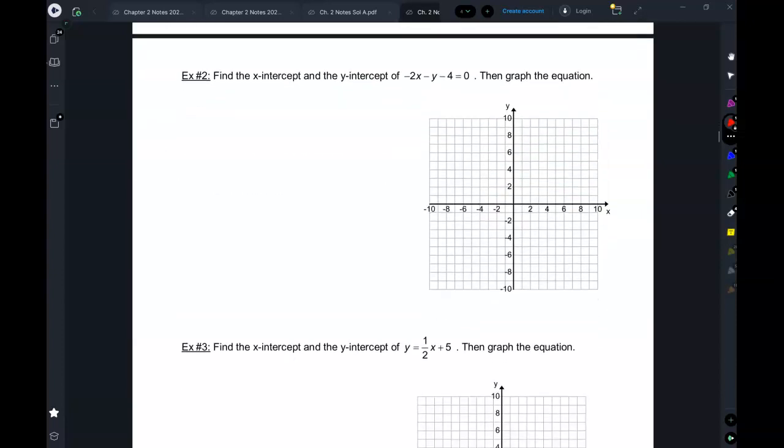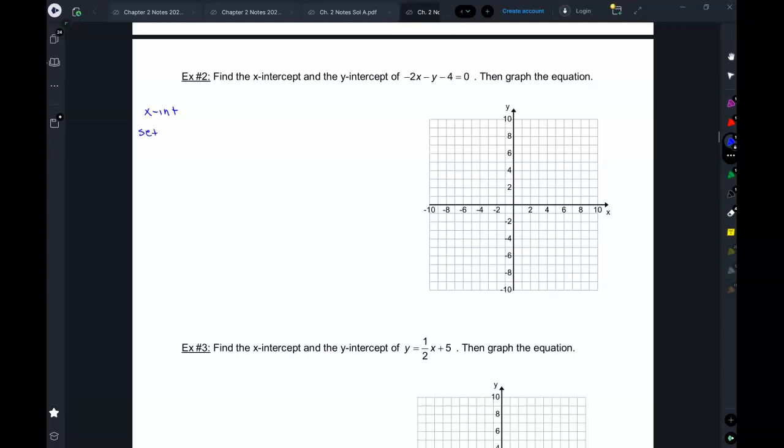Okay. So let's go over here and find the x-intercept and the y-intercept. Here's what you do. For the x-intercept, you have to set y equal to 0, or replace y with 0. Here's how that works.